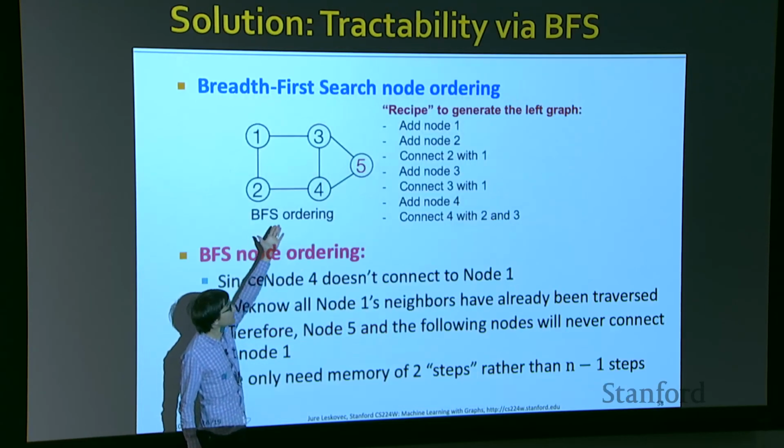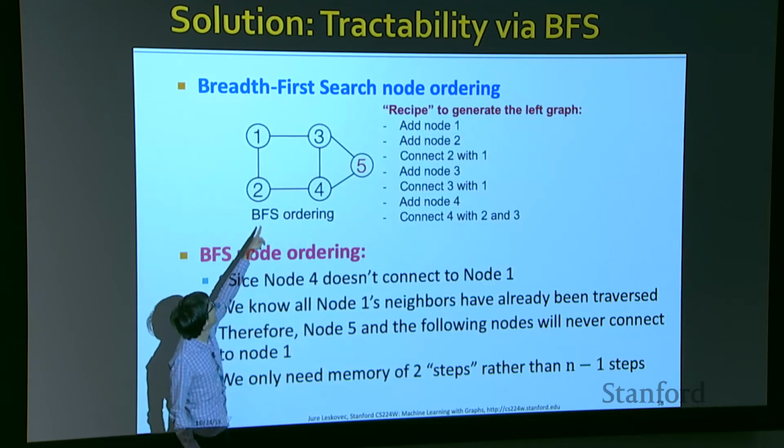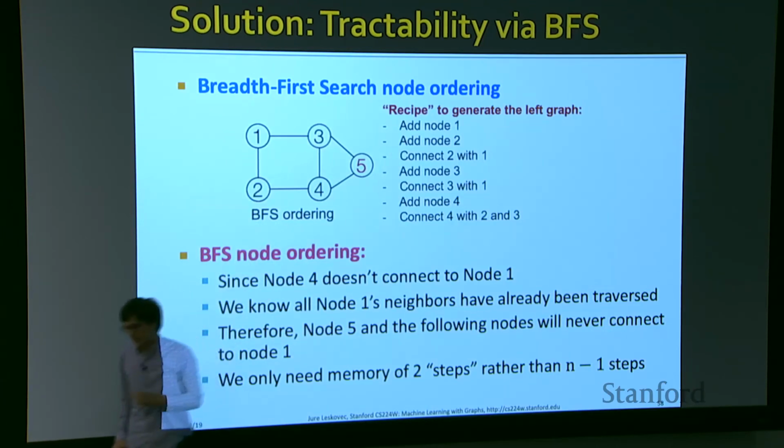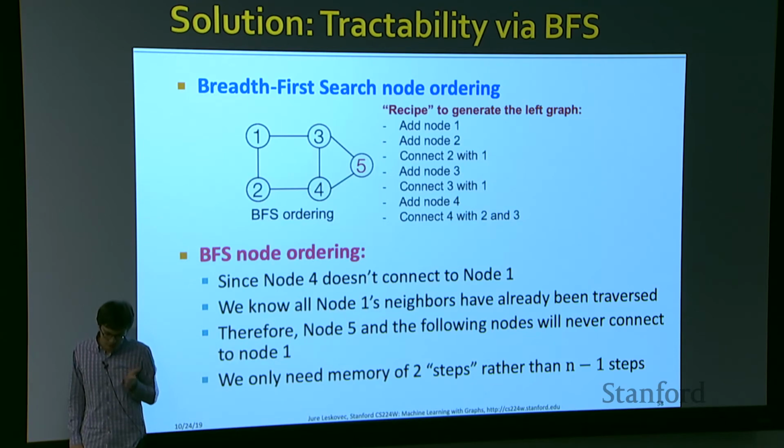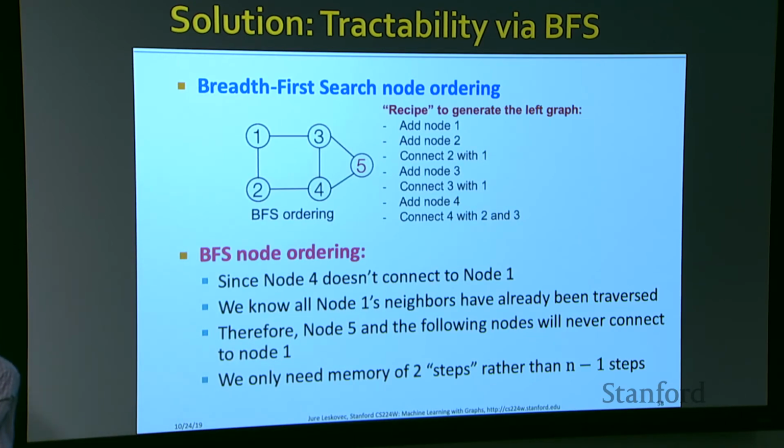Here, all I have to remember is to connect from 4 to 2, or from 5 to 3. That's the farthest into the past I need to remember. Yes? So the maximum memory required relates to the degree of the node.